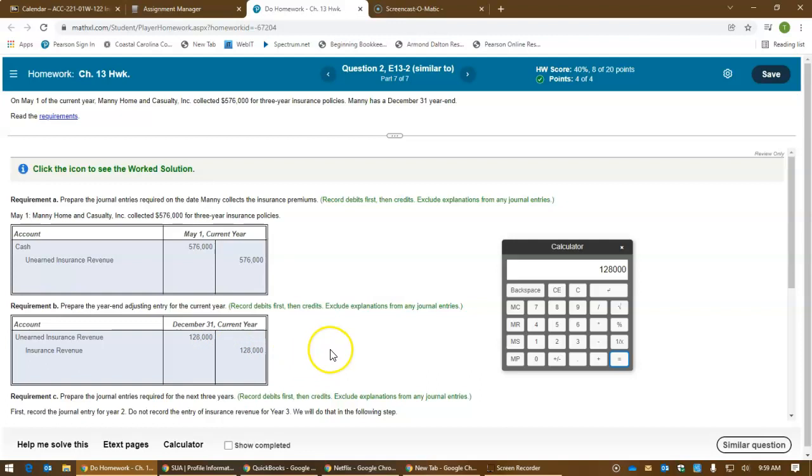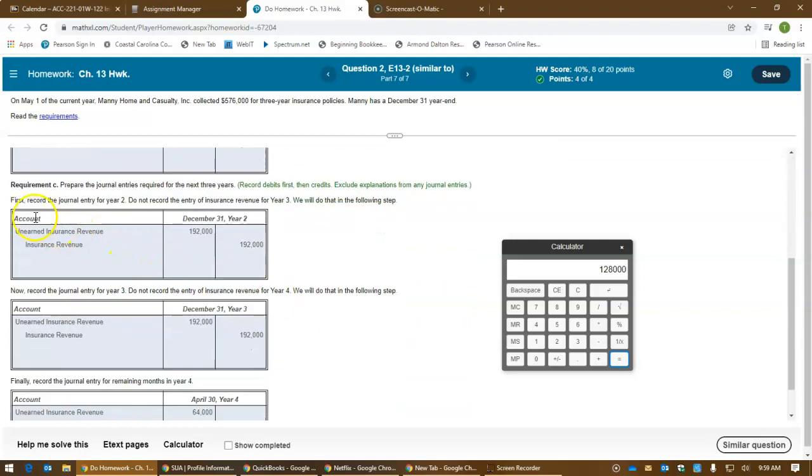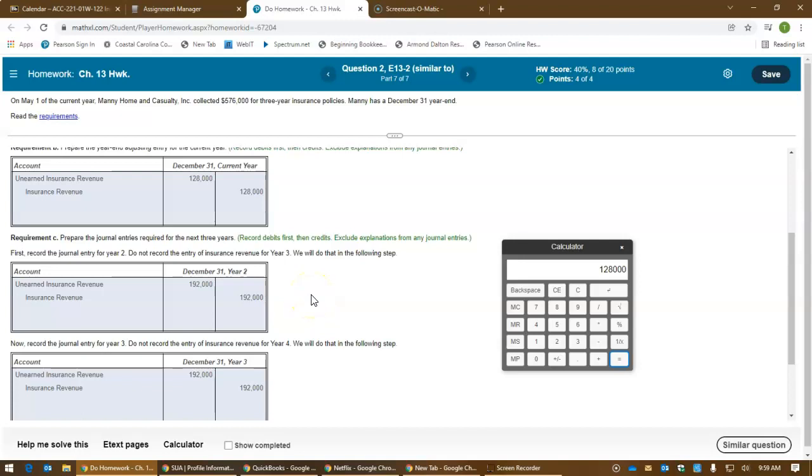That goes up. So for the next two, it says record the same thing. Record how much insurance revenue we have earned for year 2 and year 3. Well, it was for 3 years, so that was 8 months. Okay, so all 12 months we've earned here.